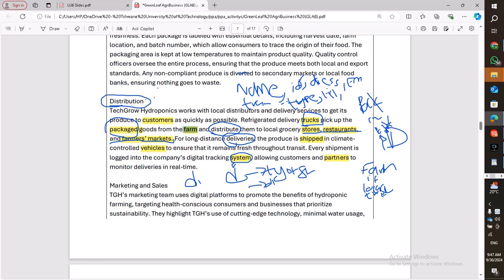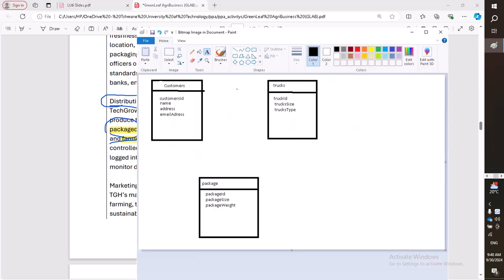Another thing, the farm. We look at the farm.